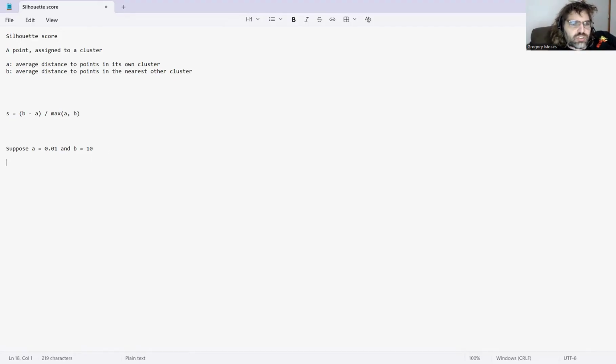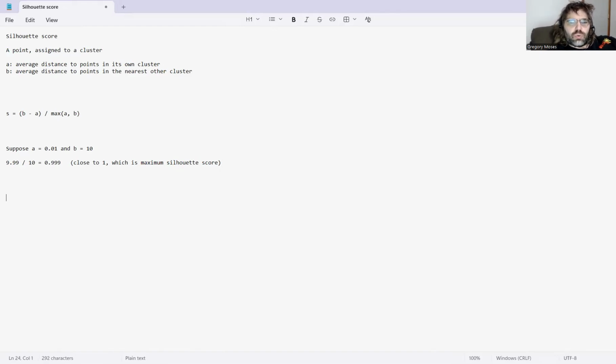So with A at 0.01 and B at 10, the silhouette score is 9.99 divided by the maximum of these, which is 10. So the silhouette score is 0.999. In particular, it's very close to one, which, if you mess around with this a little, you can see is the maximum silhouette score.